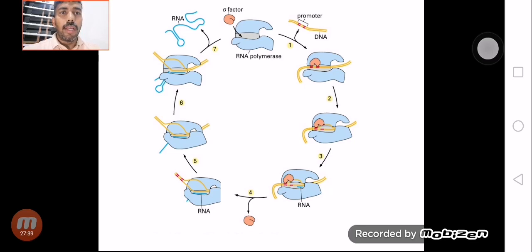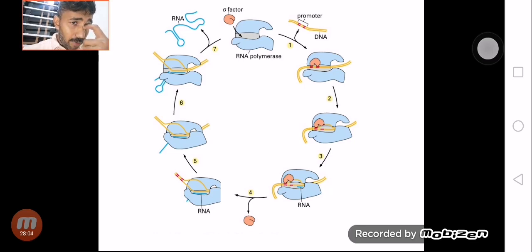Here it is shown as the rho independent mechanism. So by that the RNA molecule will be released into the cytoplasm, where it undergoes minor processing like polyadenylation. And as we already discussed in the previous video, this process of transcription is usually coupled with translation.